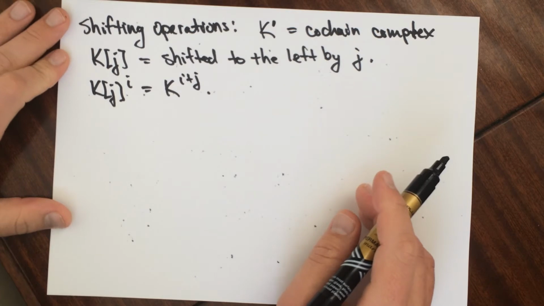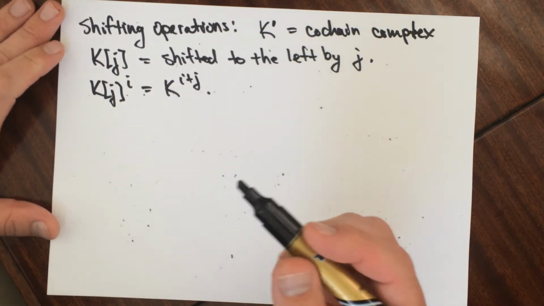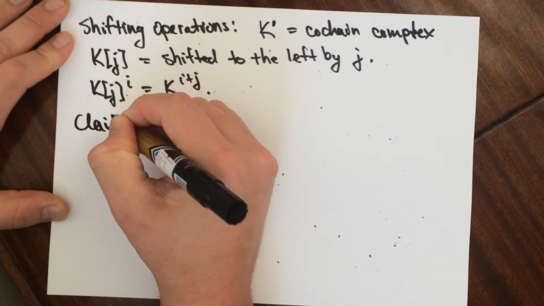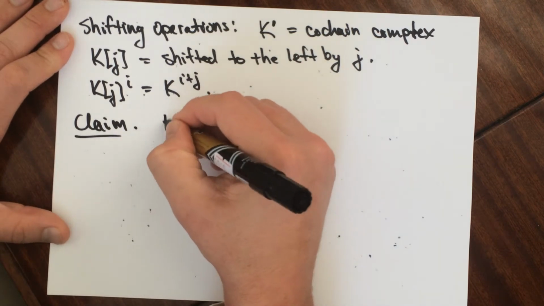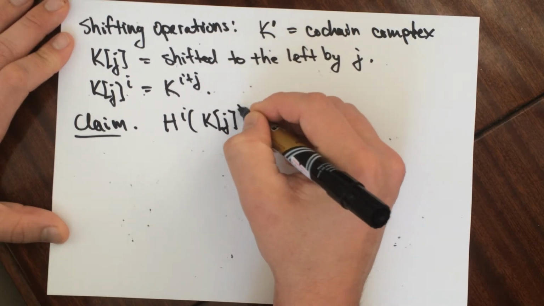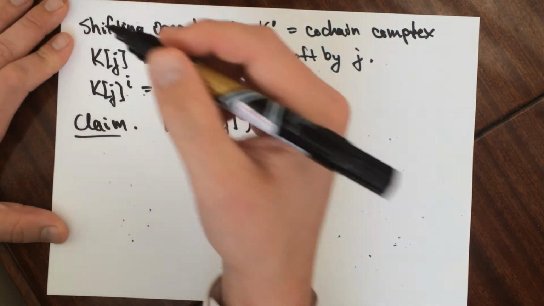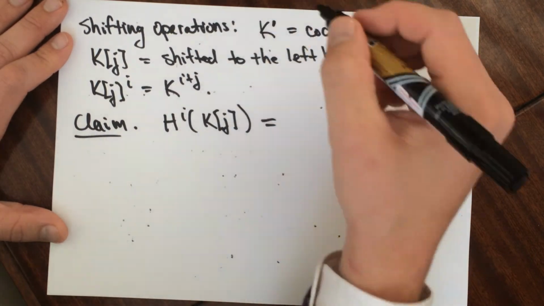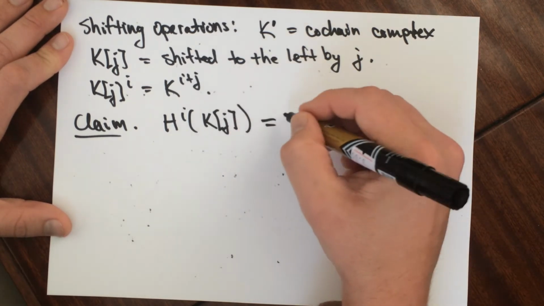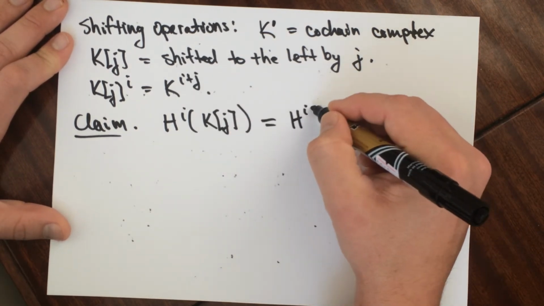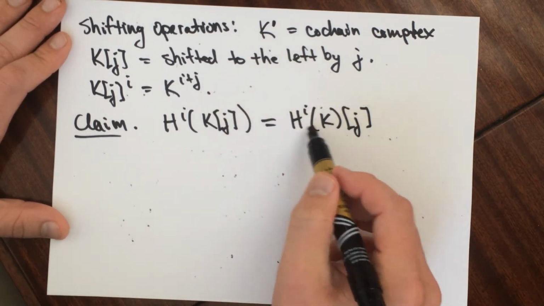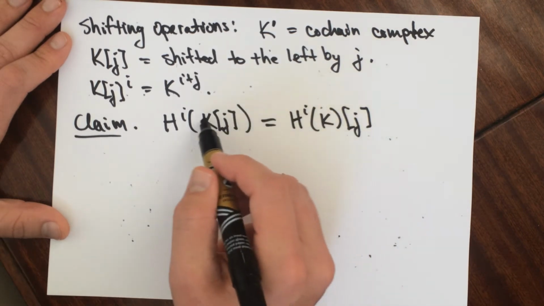Now the claim is that H^i of K[j] is equal to H^{i+j} of K bullet. I've omitted bullets again, but that's okay; we're going to sometimes omit bullets. So this is the complex K shifted by j, using the complex I defined earlier.